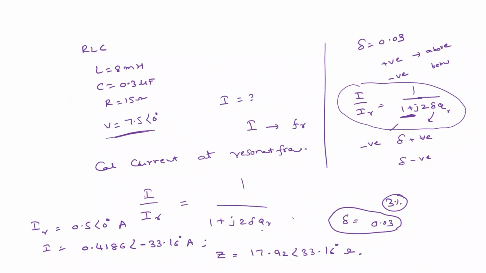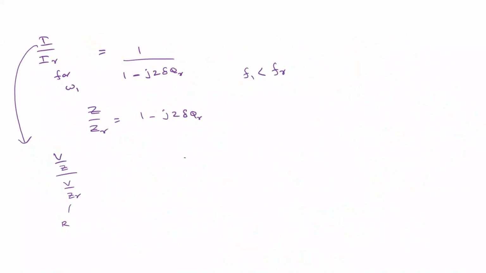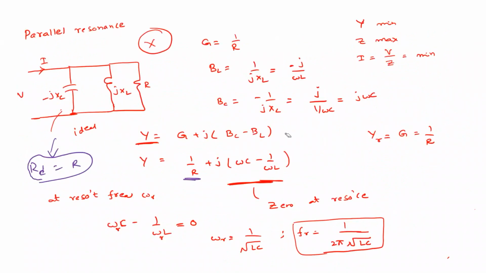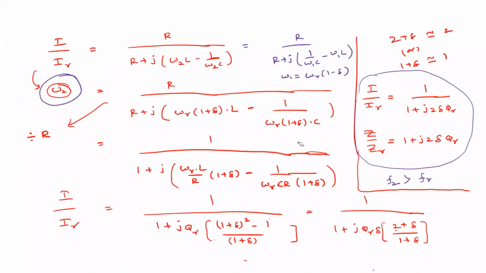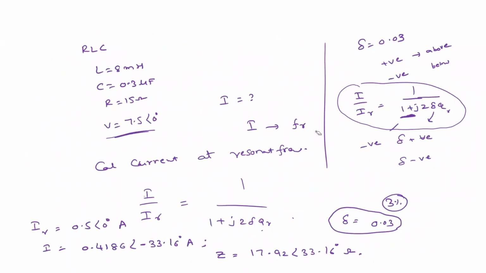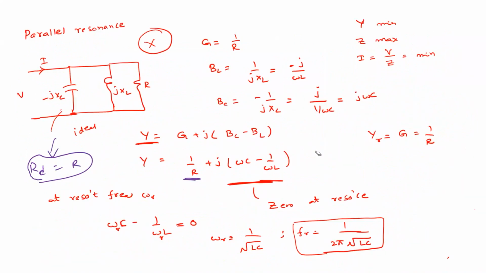So Z by ZR will be the reciprocal of this now. Sir, Y by YR equals 1 plus J2 delta QR.